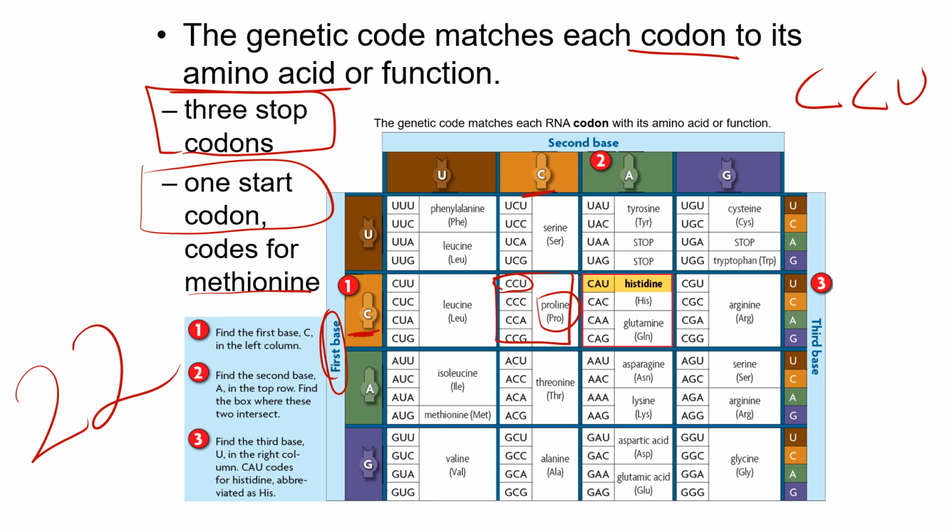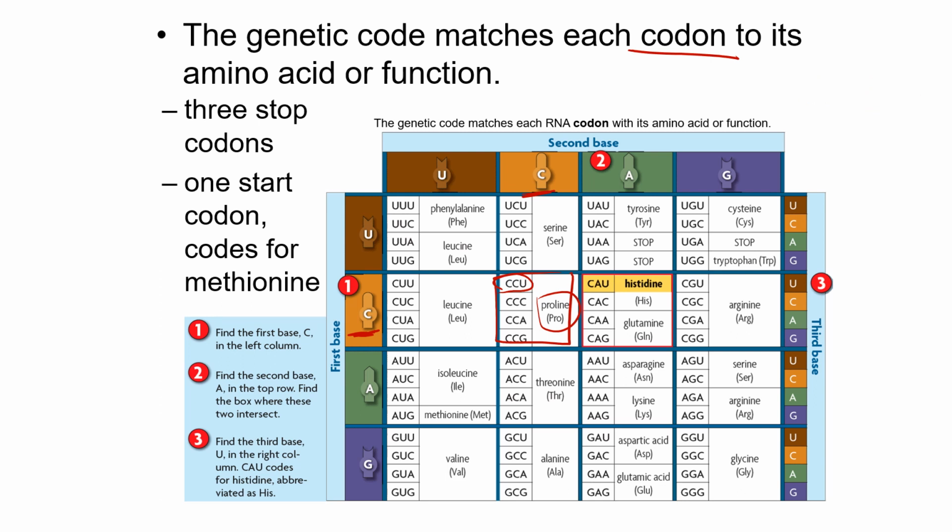If we had, let's say, CAU, which is what this example on this page gives us, we look at our first base, which is C, our second base, which is A, our third base, which is U. So you trace C into here, trace A down, and then find CAU. So you're using this chart as kind of like a key.